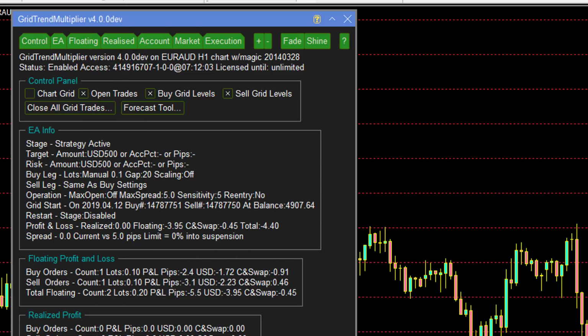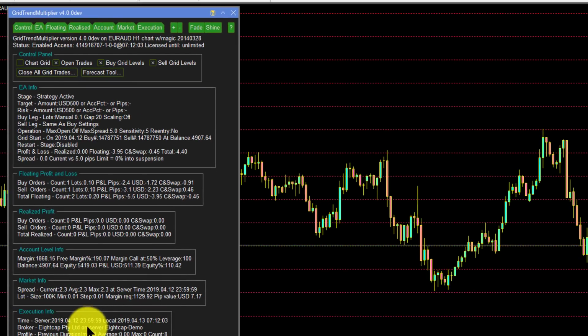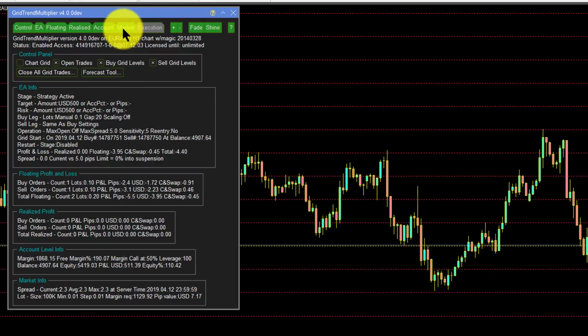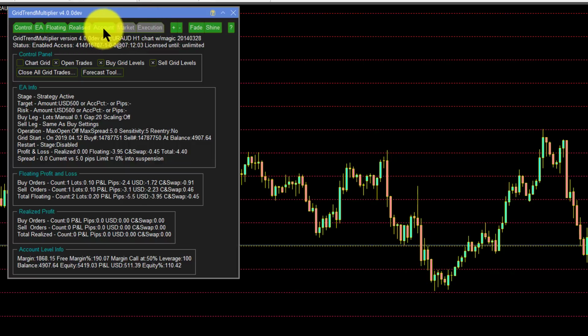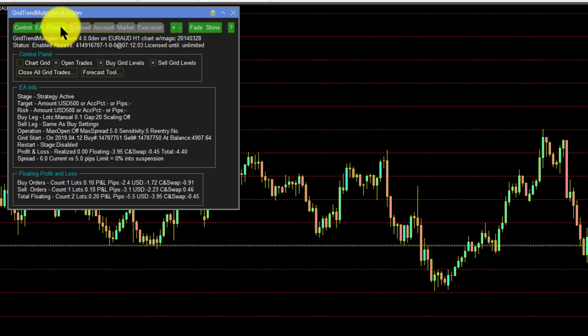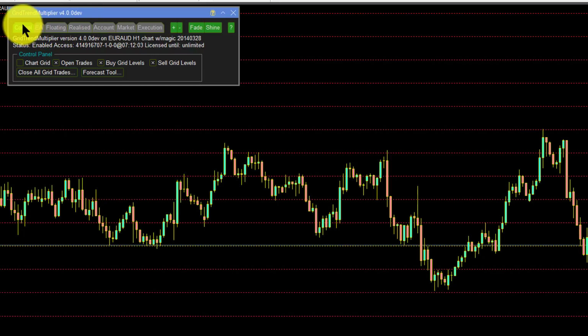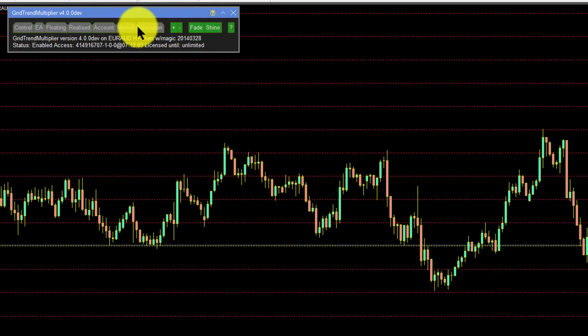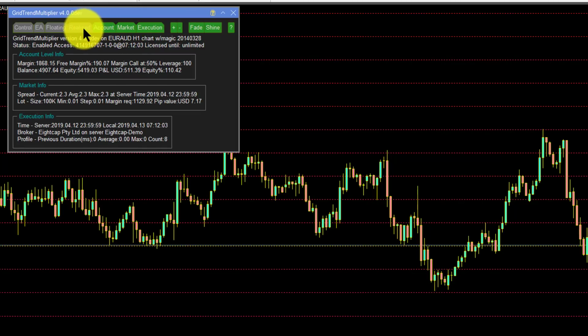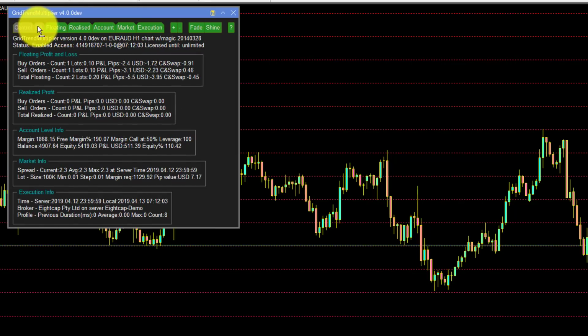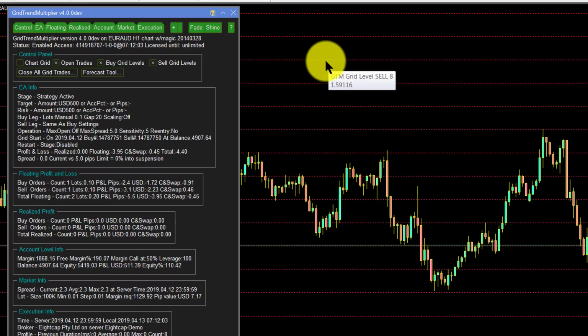You can also fold any of the elements in the table away. So if you don't want to look at how your server's doing, or market information or your account information and so on, you just fold it away. That's always been there, but I'm just reminding people that that is in fact the case.